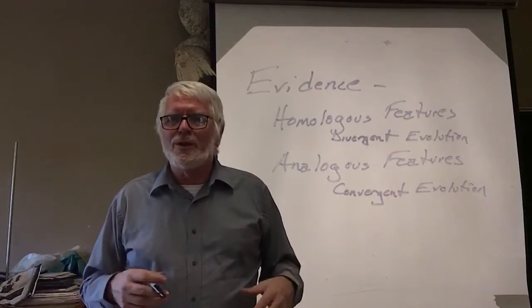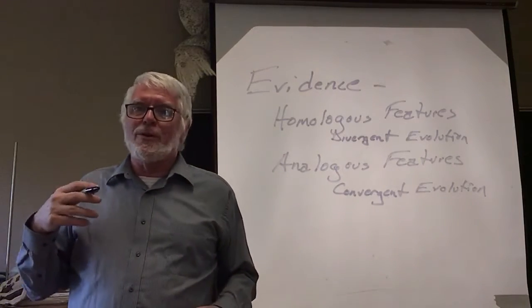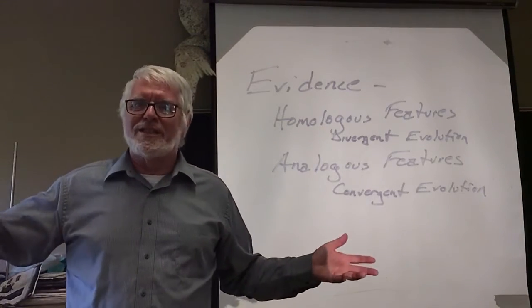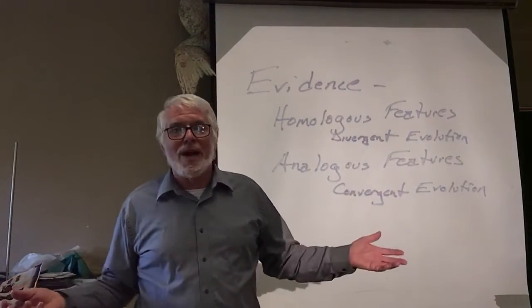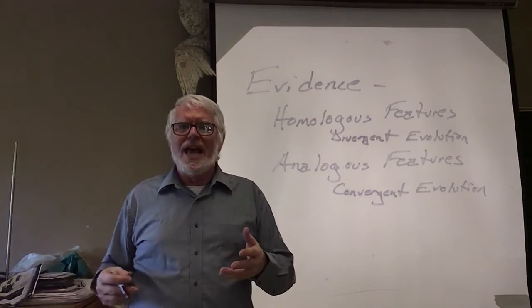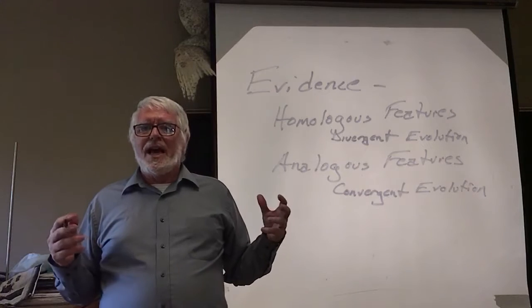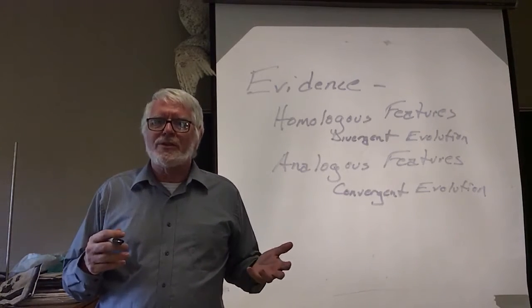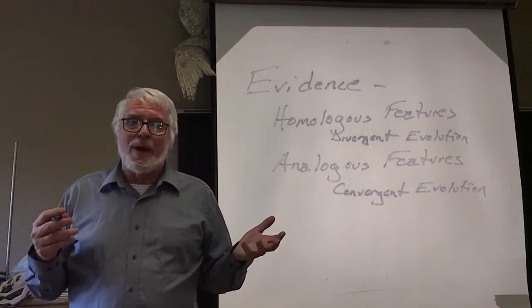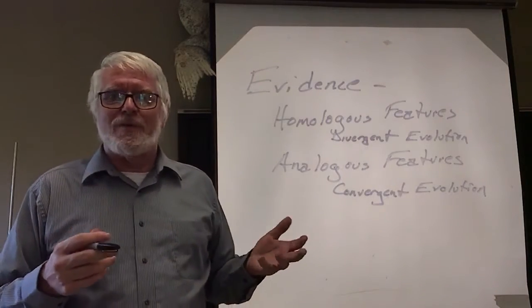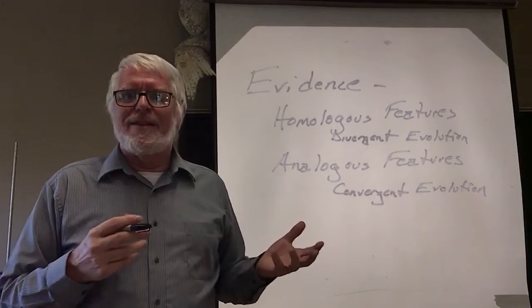There's certain features that are useful in deserts. There's certain features that are useful in ice sheets. There's certain features that are useful underground, certain features that are useful in jungles. And you'll find a lot of unrelated species having similar features because there's only so many ways to do something. Sometimes you'll see a bunch of different ways, but there's limitations.